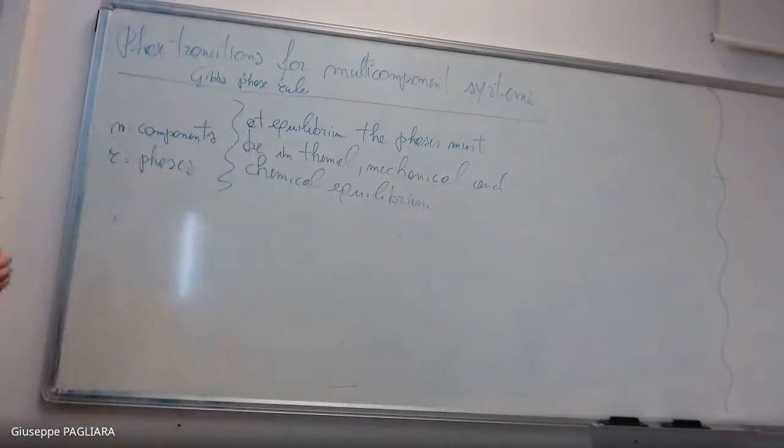Which means that the temperature and the pressure must be the same, and also the chemical potentials of the different phases and of the different chemical components must be equal.